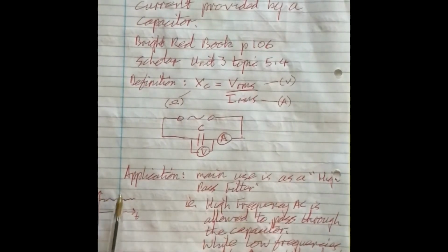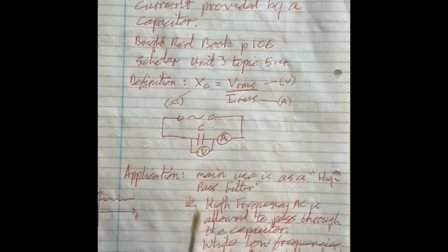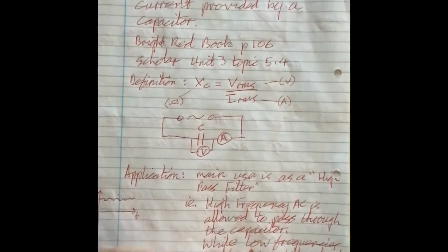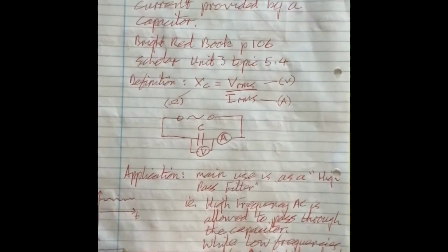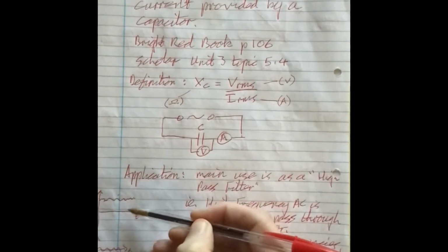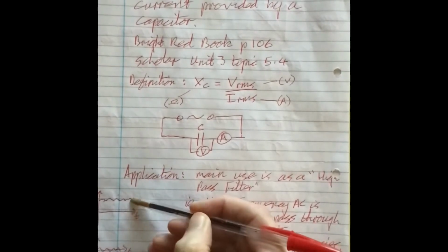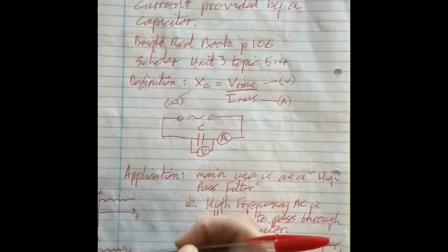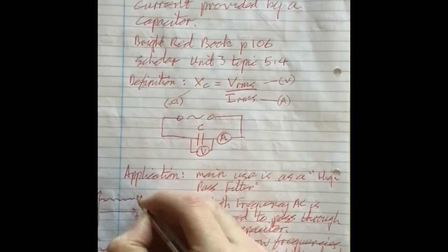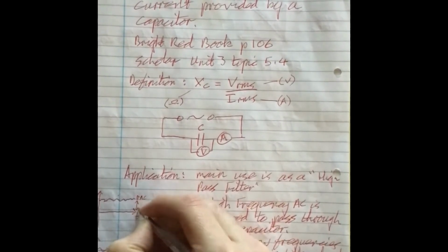Well, if we take this waveform and we pass it through a circuit with a capacitor in it, then what we'll end up with is what at first look would seem to be not very much use, a very small waveform like so. So we've just removed the DC part. We've removed the DC, we're left with the AC. So there's the AC bit just there, there's the DC bit there.